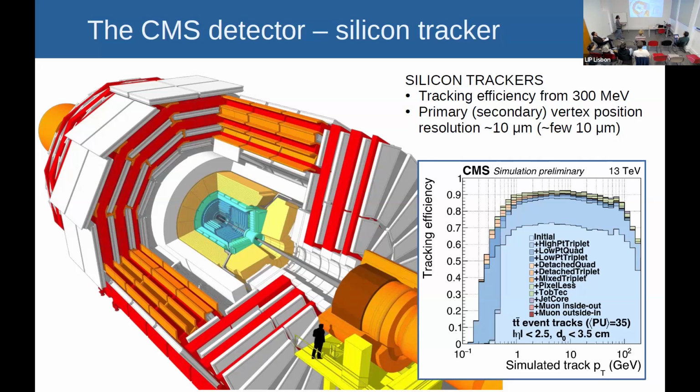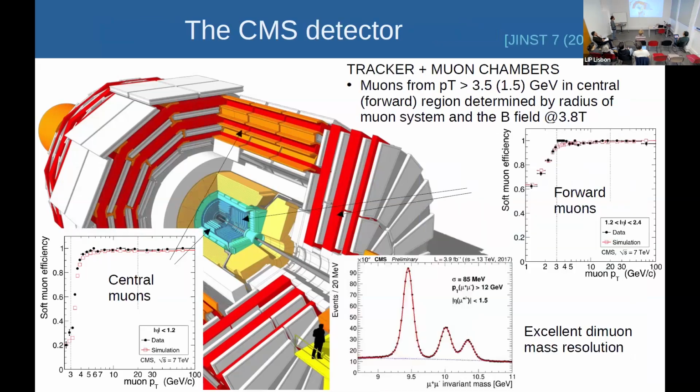You can see here the tracking efficiency for offline reconstructed tracks, and you can see that we can really go to very low PT. That in B physics decays is a really important quality.